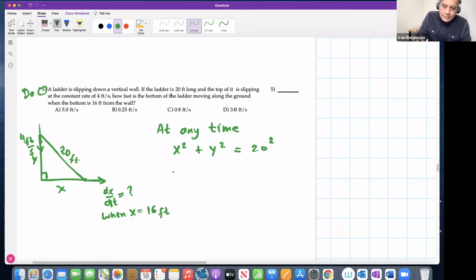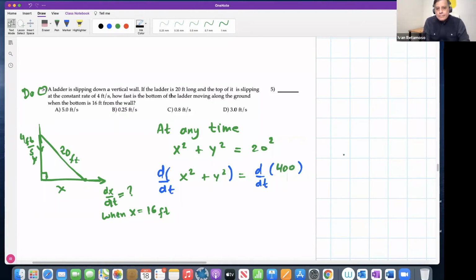The next step is take derivatives in both sides, right? Take derivatives on both sides with respect to time. And remember, don't forget to attach that dx dt, that dy dt, because we are taking derivatives with respect to time.